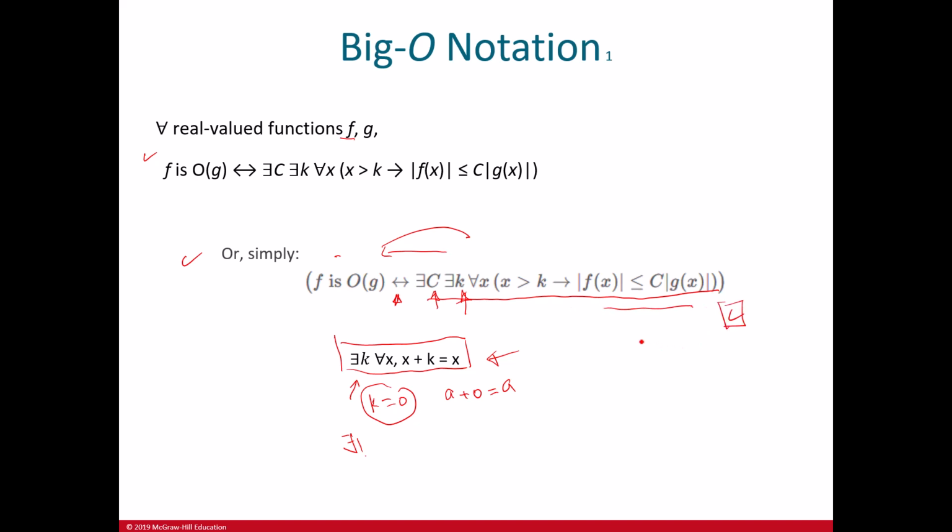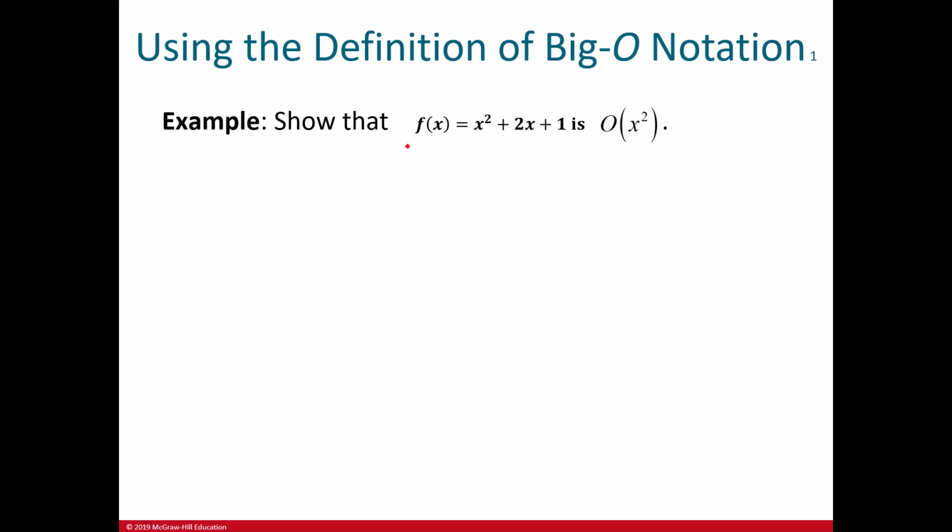We're going to see some examples that use this technique. There's an example. This is my f. This one is my g. I'm going to rewrite it here: g of x equals x squared. We're going to appeal to the definition.